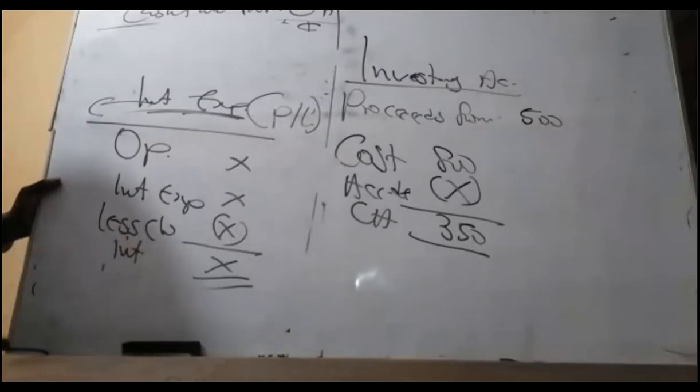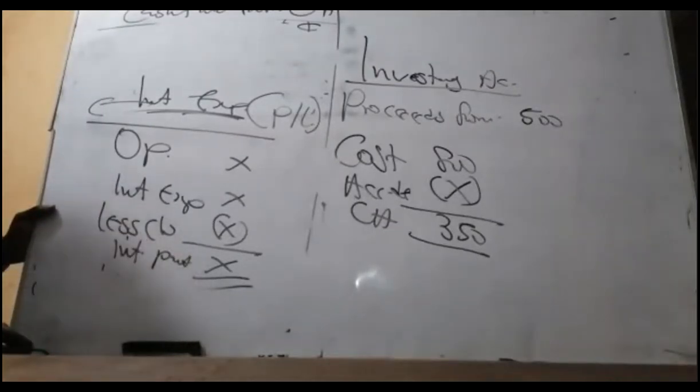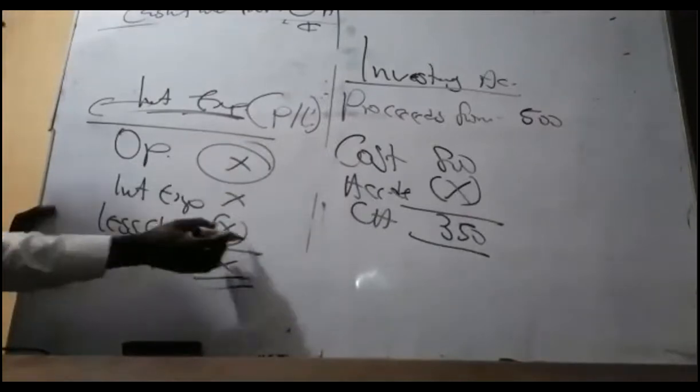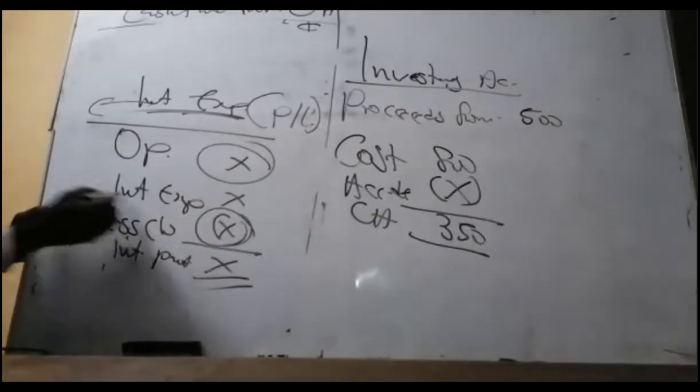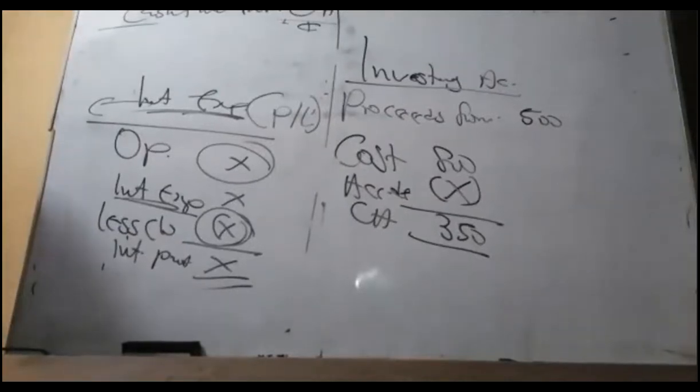Now, I was making the point that anytime there's no interest owed on the balance sheet, no open balance, no closing balance, then the interest expense will be the same as interest paid. That means you paid all the interest and are not owing any. So the expense is the same as the paid. So that is it, and that's how this question works.